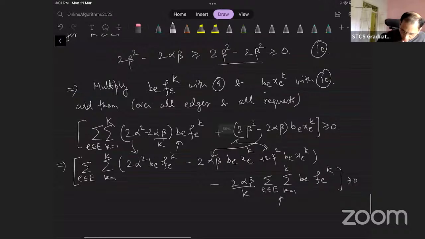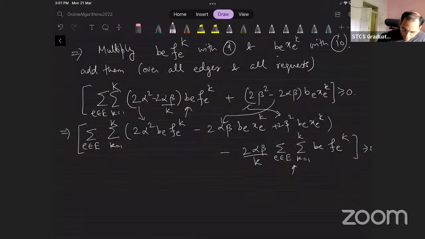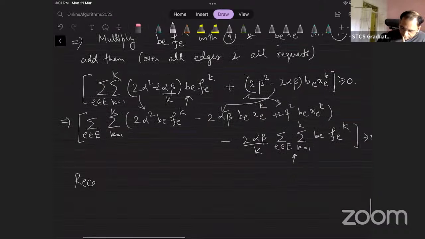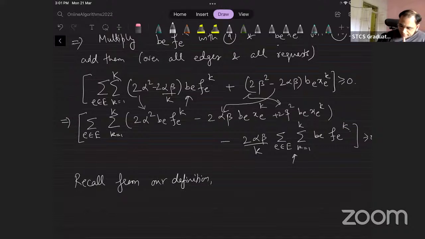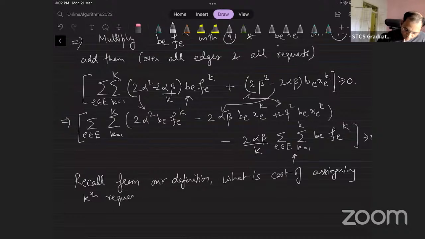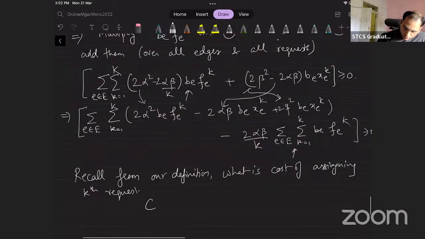Okay, so recall from our definition. What is the cost of assigning the kth request? Assigning the kth request is c, or rather, let's look at the total cost.